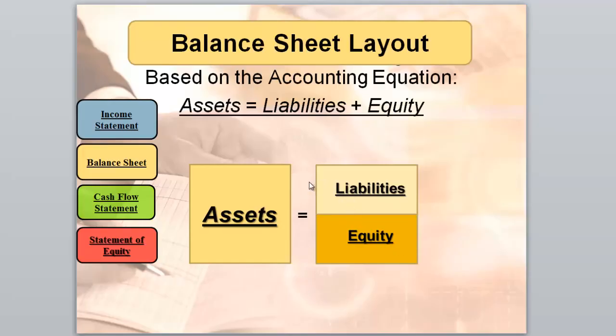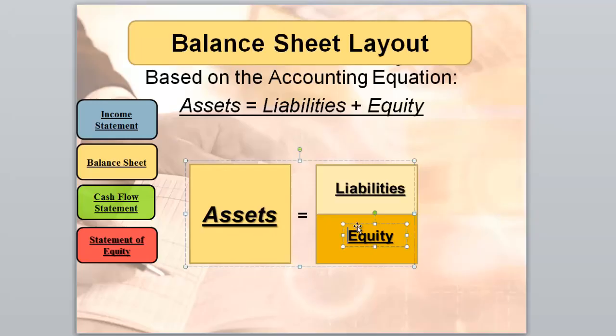This is the balance sheet. Some examples of assets would be cash, inventory, buildings, land. These are all assets that a company has. Liabilities may be amounts they owe to the bank, amounts they borrowed from different vendors. And then equity is the owner's equity.